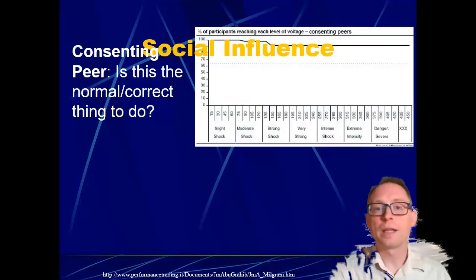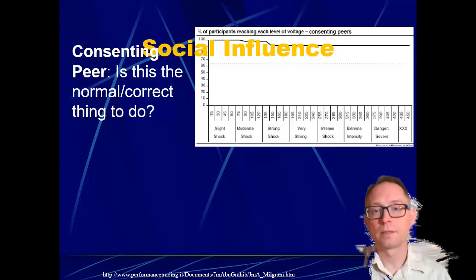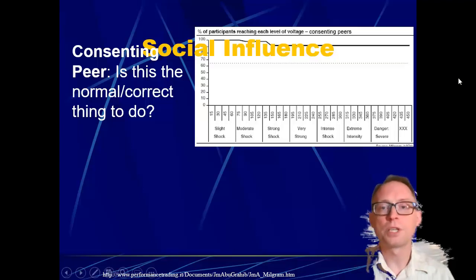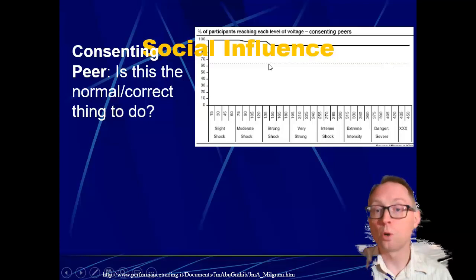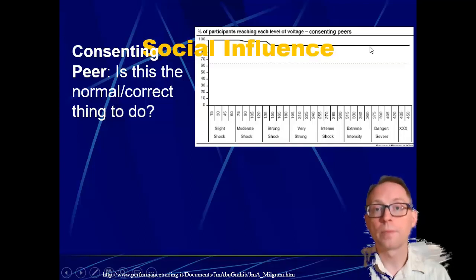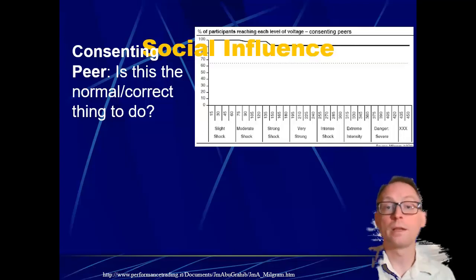You get near 100% compliance. If you see this graph right there, we're looking at about 90% compliance. This dotted line is the base rate. About 2/3 of the people gave all the shocks in the normal experiment. But when you have somebody else, in this case a confederate, even though you don't know it, but you think it's a peer who gives all the shocks, then the participants are much more likely to give all of the shocks.